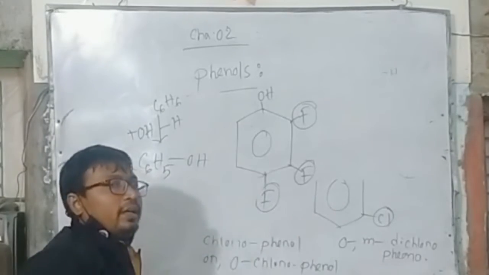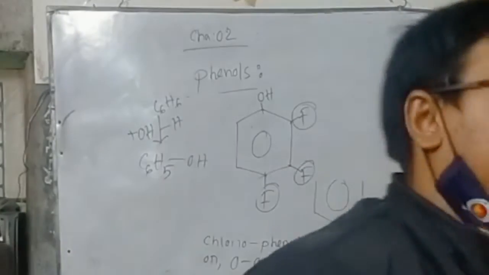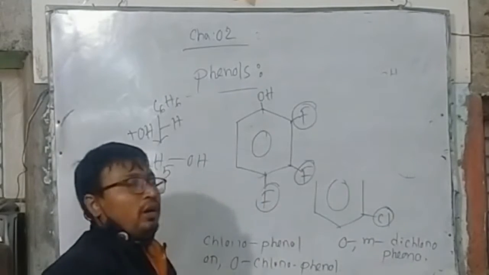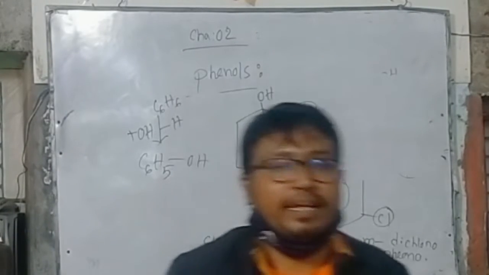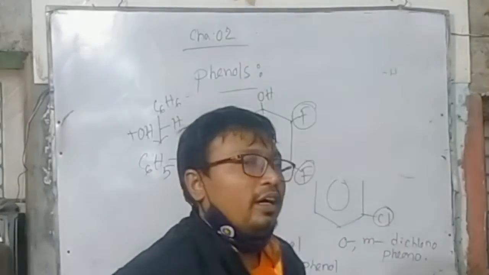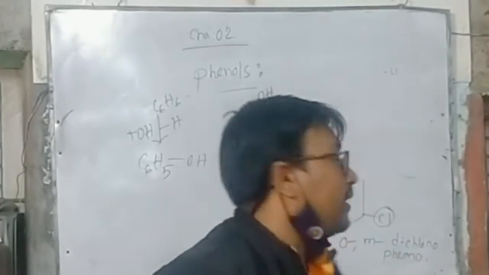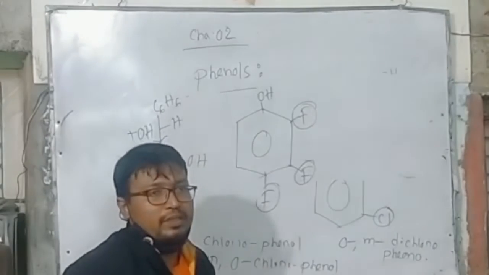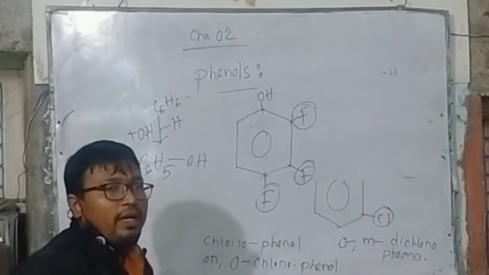Another name is carbolic compound. Phenol is used as a medicine, a medicinal compound. It is an organic compound and an ortho-para director.